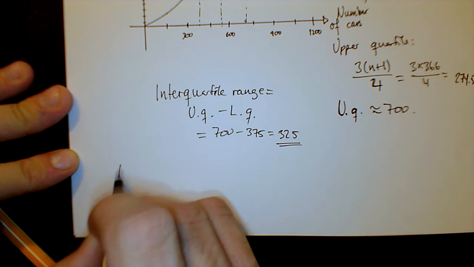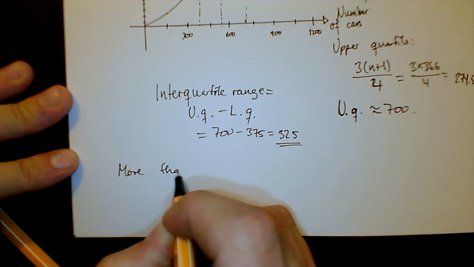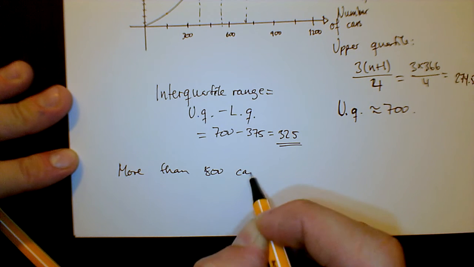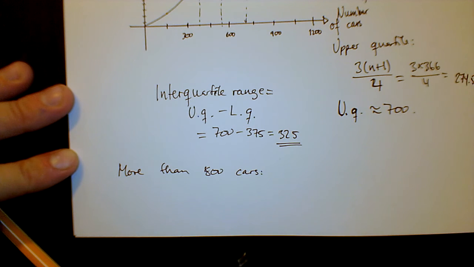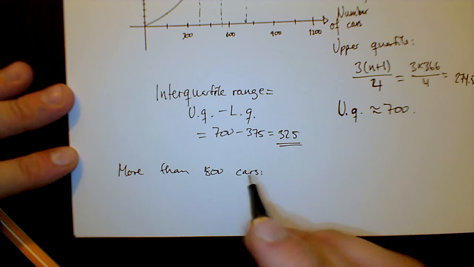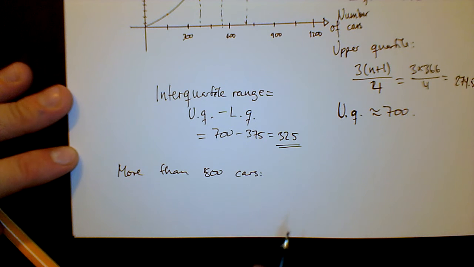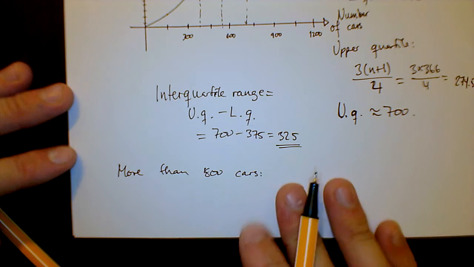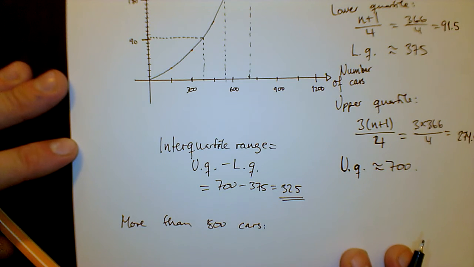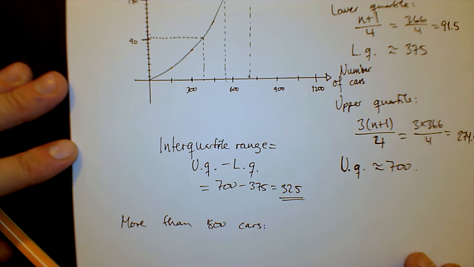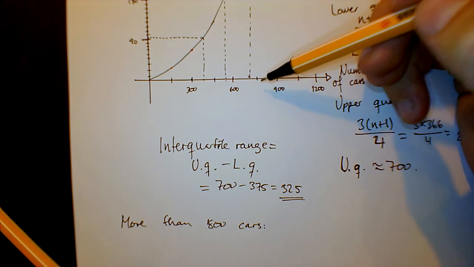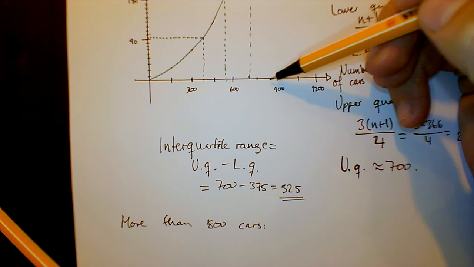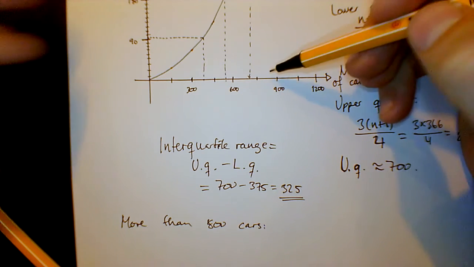Okay, so more than 800 cars. So that means, well, first of all, we have to look at the cumulative frequency, and we have to figure out where is 800 cars. So if we go into this graph, we should get some approximate value.